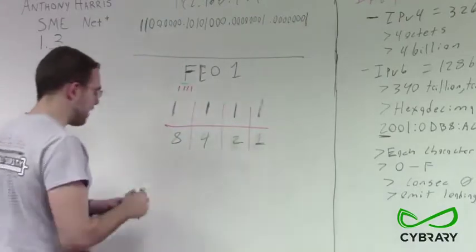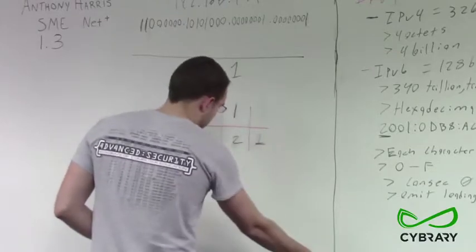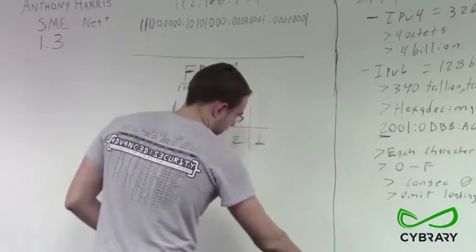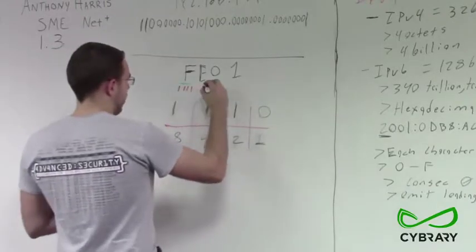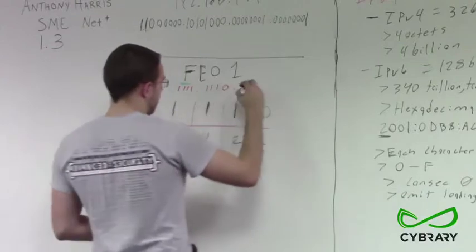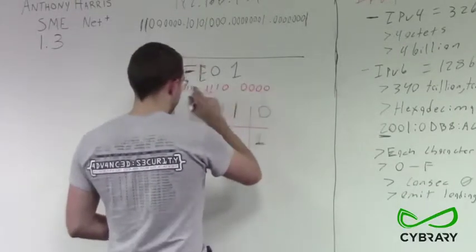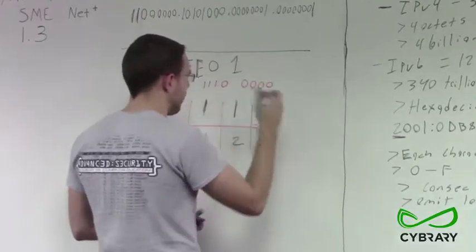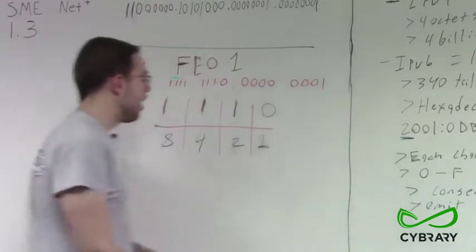E is going to be 1 less, so E will be 14 and will be a binary value of 1110. 0 is going to be a binary value of 0000. And then lastly, 1 is going to be a binary value of 0001.